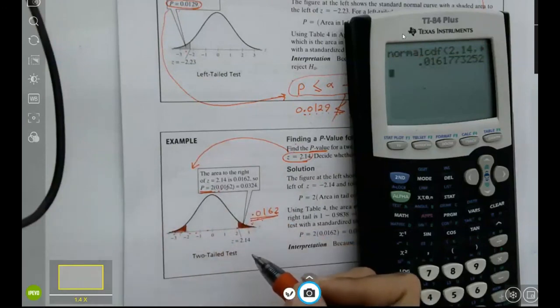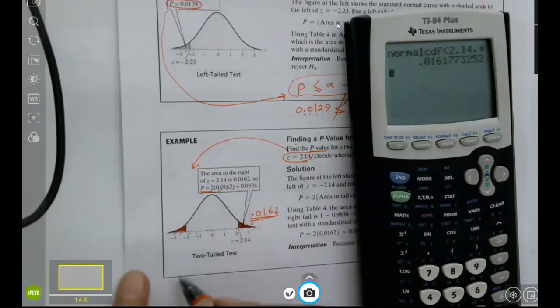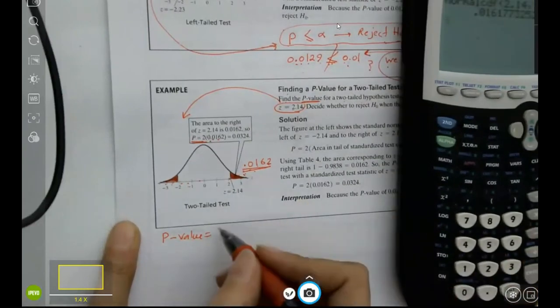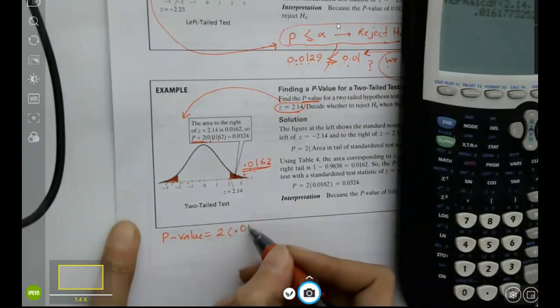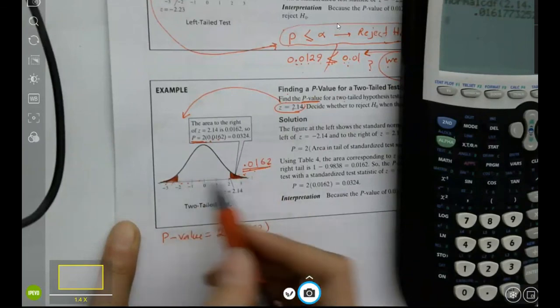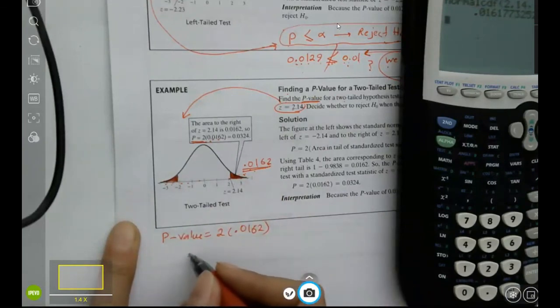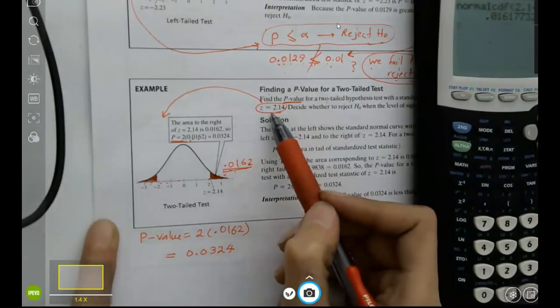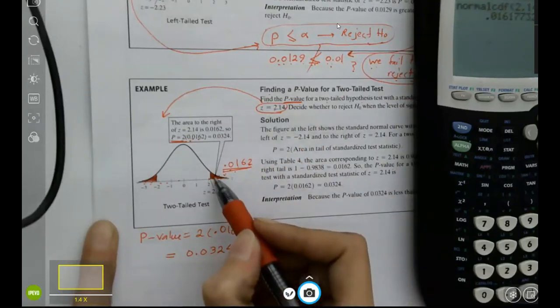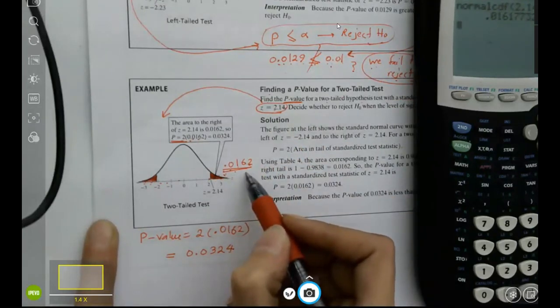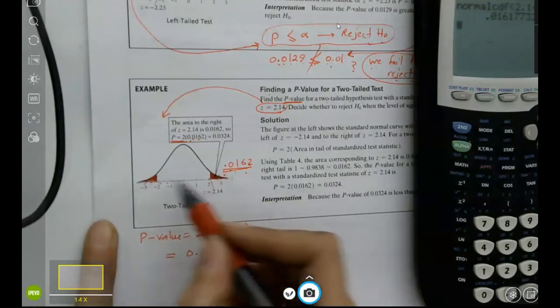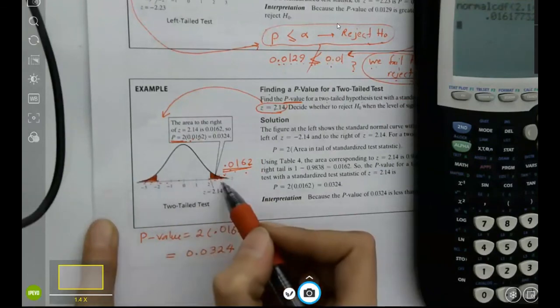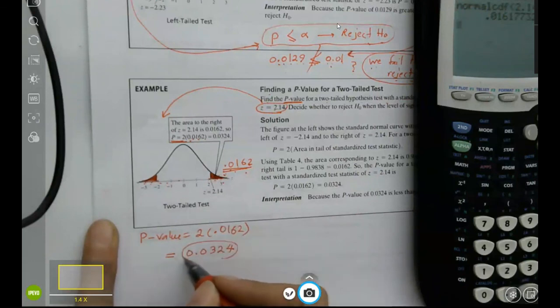So your p-value is equal to 2 times 0.0162, or you can just add these two together, it doesn't matter. The p-value is equal to 0.0324. We used our z to find this little area on the right-hand side. Now you add these 2 little areas together to get the p-value.